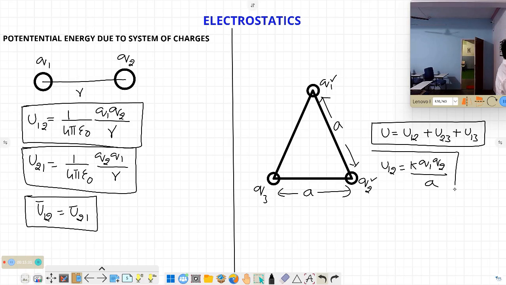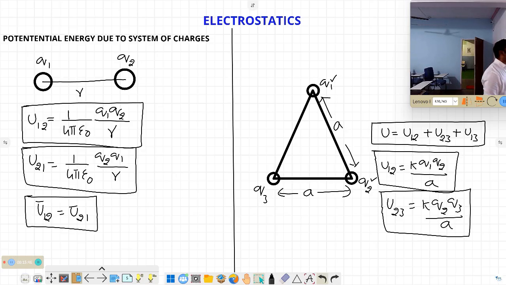Similarly, U23 is equal to K into second charge, third charge, by the distance between them, that is also a only. Then U13, the energy between 1 and 3, is equal to K into first charge, third charge by r.